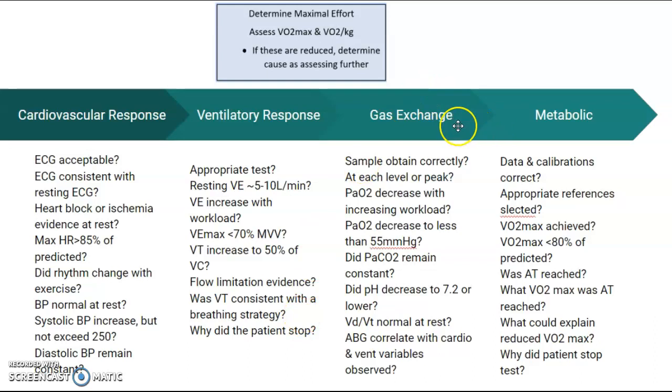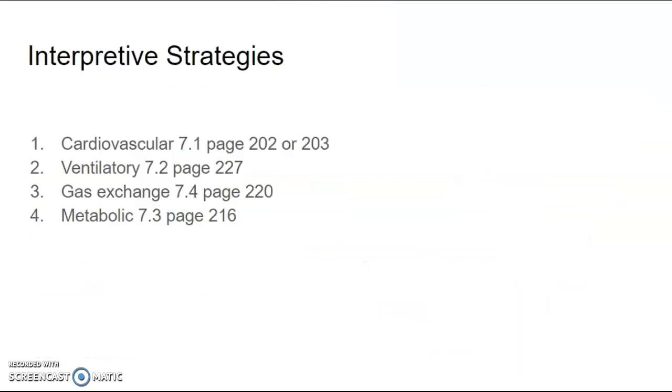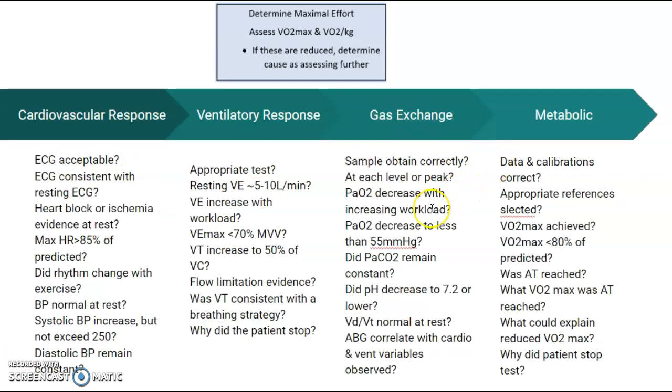Next, you're going to evaluate your gas exchange. The first question is, did you obtain the sample correctly? Was a blood gas taken at each level or only at the peak exercise level? Did the PaO2 decrease with an increasing workload?